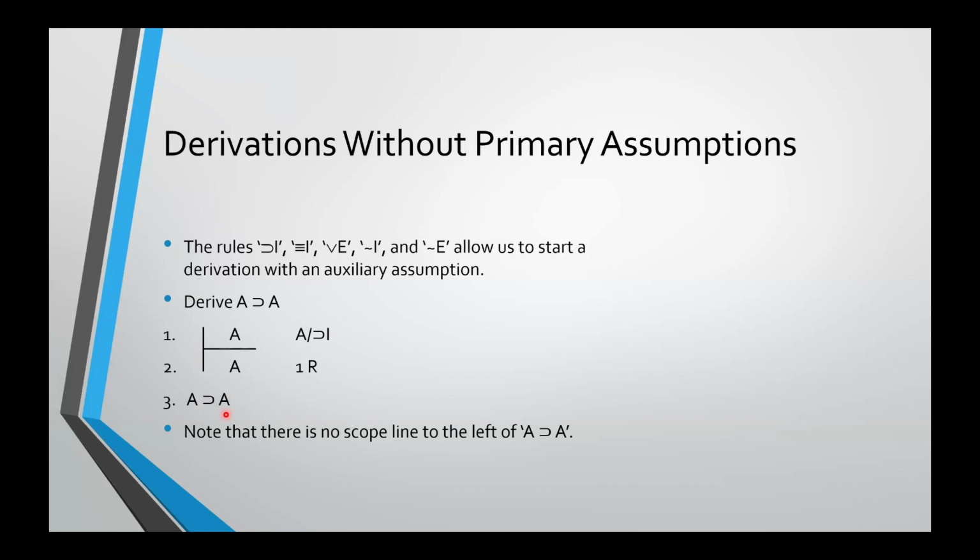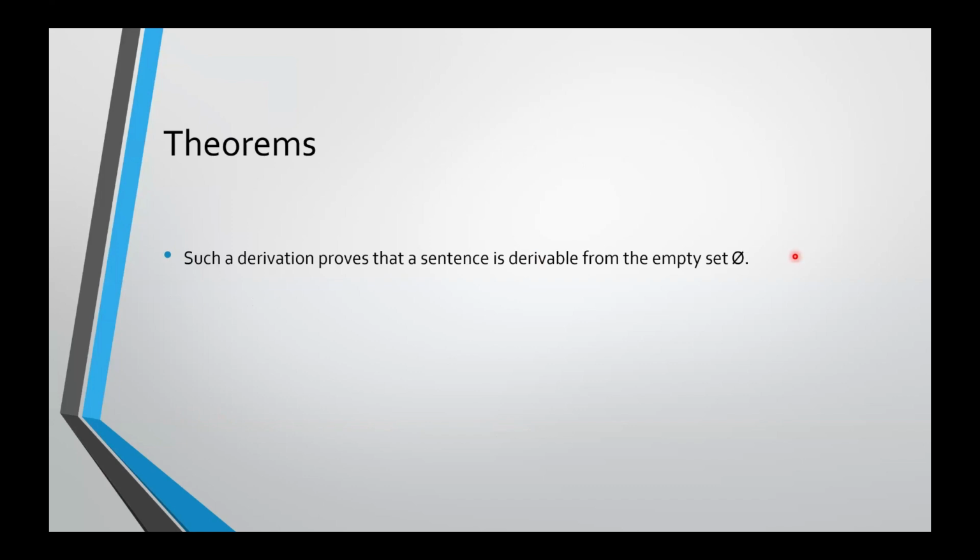The way that this is treated in SD is we've shown that the sentence can be derived from the empty set, right? The set that contains no sentences of SL. If a sentence can be derived from the empty set, then we abbreviate it like this, just single turnstile P. And then the term is P is a theorem.